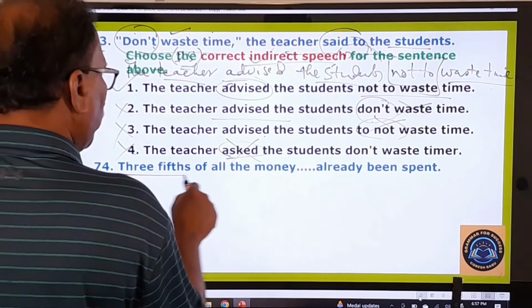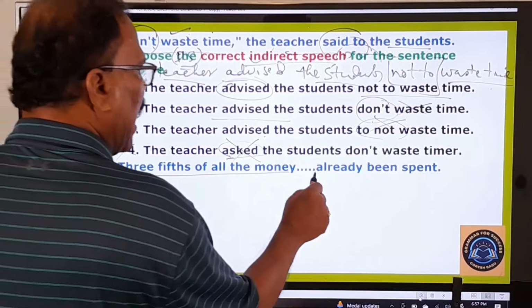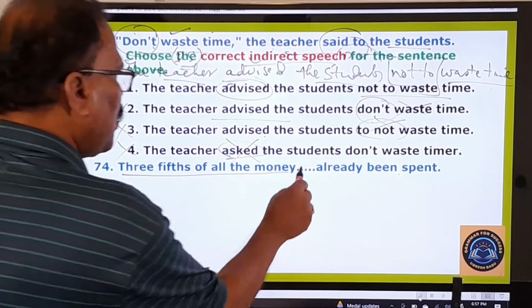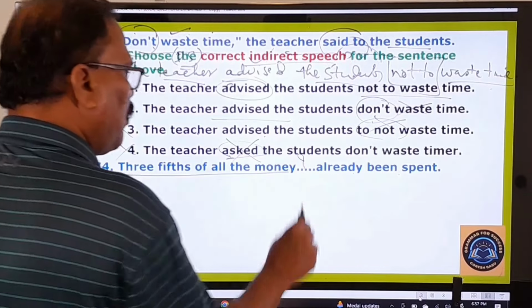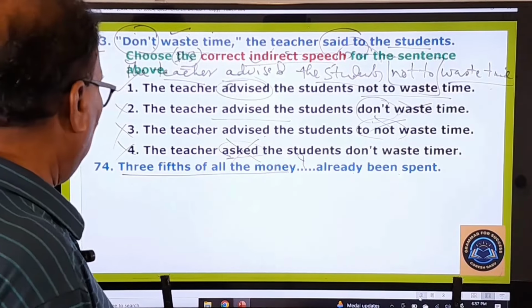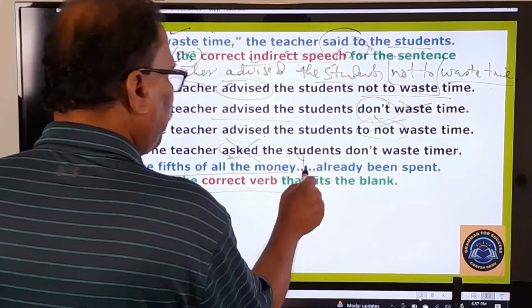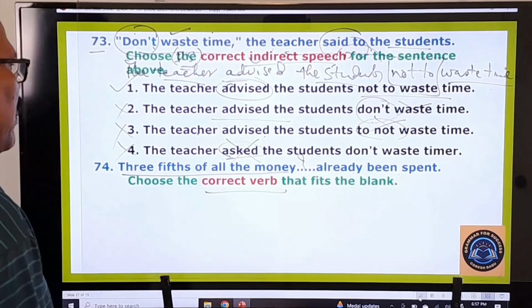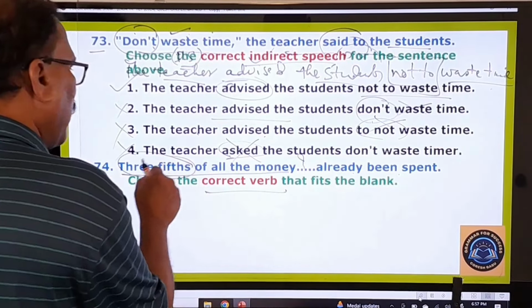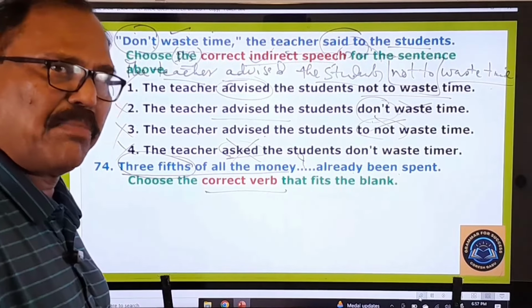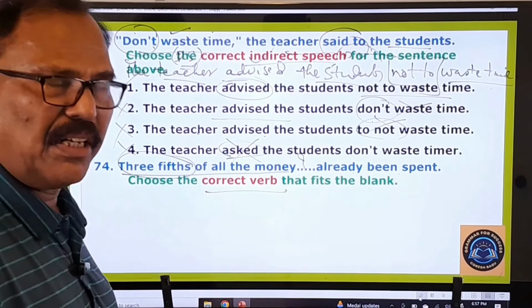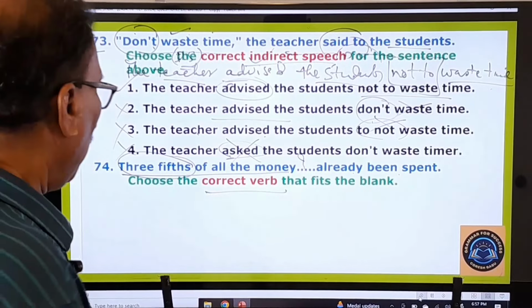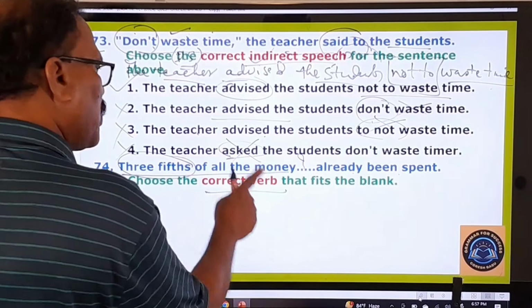The 3/5 of all the money dash already been spent, and here he is asking you to fill in the blank with a suitable verb, because you have to choose the correct verb there. And here remember all the fractions, 1 by 2, 1 by third, 2 by fourth, these are all fraction things, and whenever these things are there, you must use only the singular.